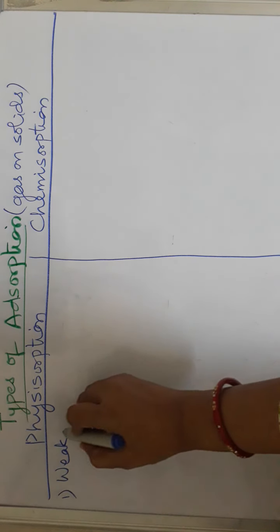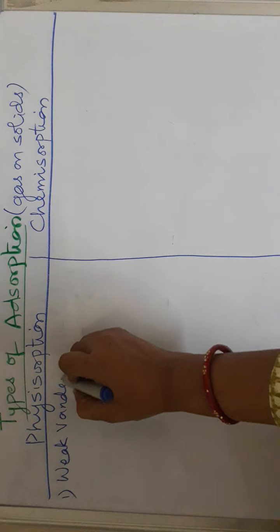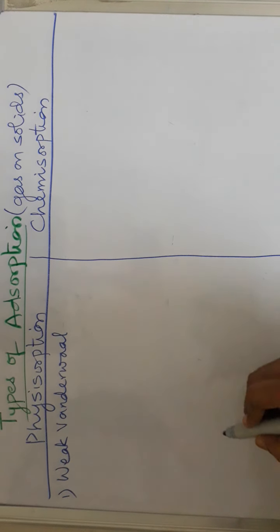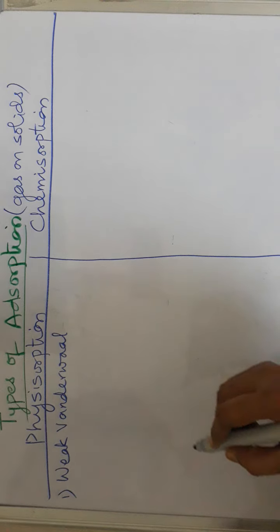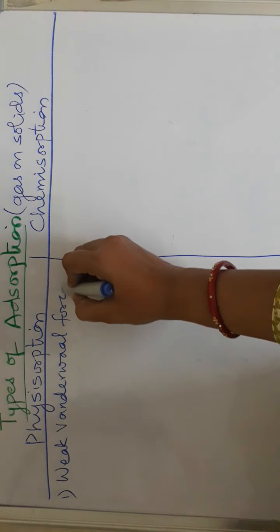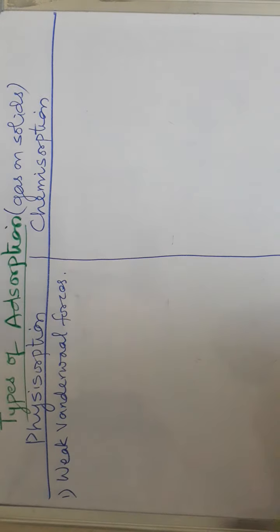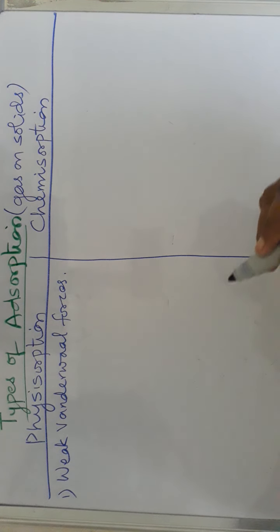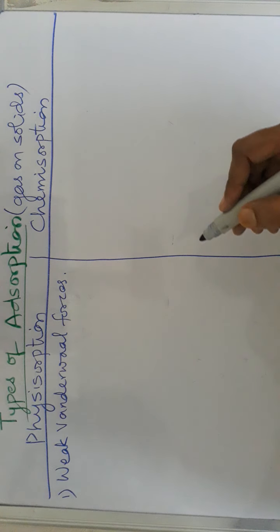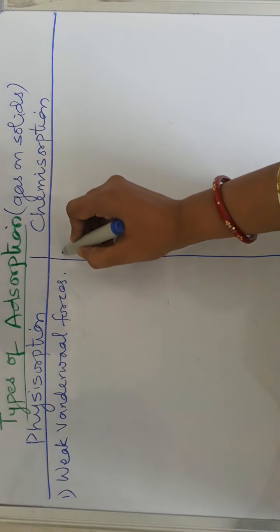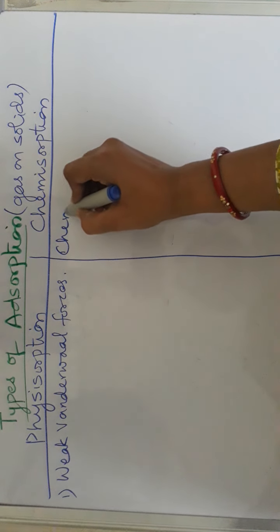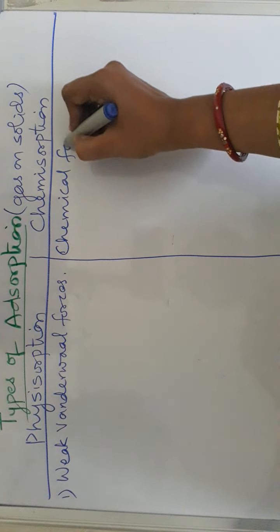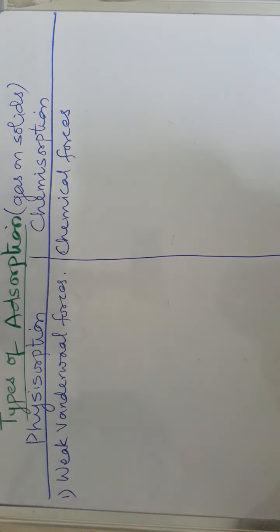Whereas in chemisorption, the forces holding the adsorbate molecules on the surface of adsorbent are strong chemical forces. So that is the main difference in terms of force of attraction between the two components in adsorption.